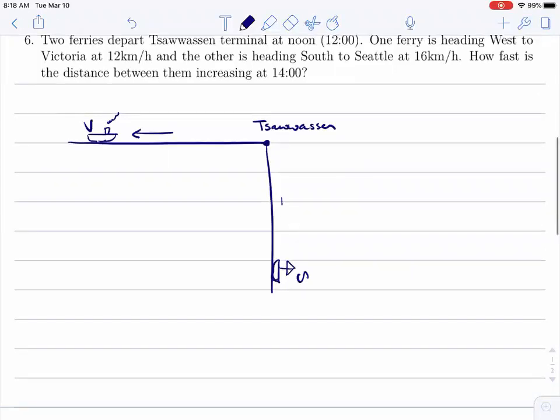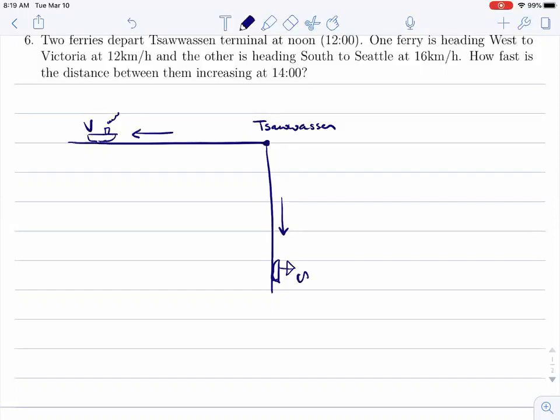These ferries are heading away from Tsawwassen, both of them. And so direction is going to be important for these related rates problems, because a rate can either be increasing or decreasing. And so we need to figure out if this distance is increasing or decreasing.